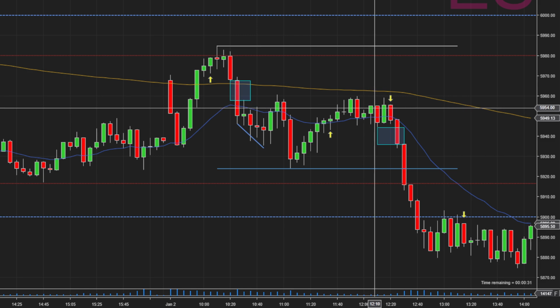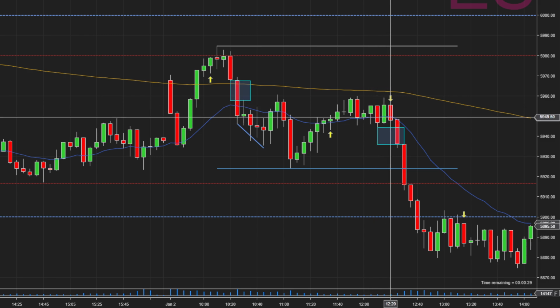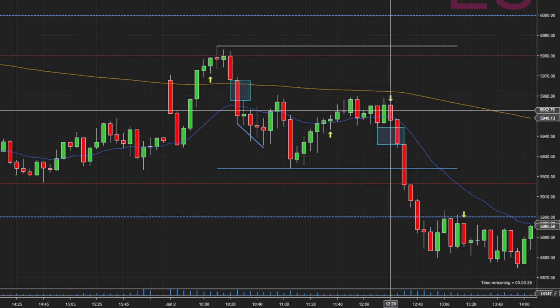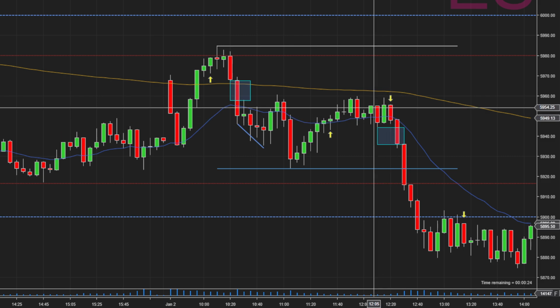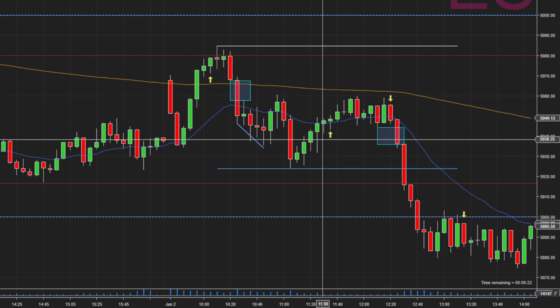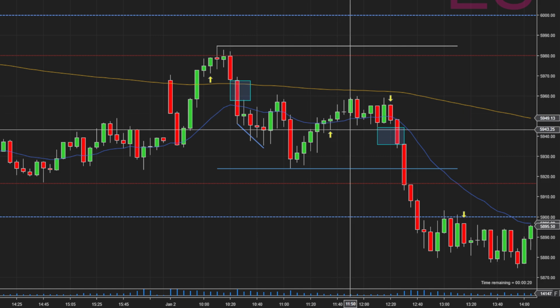This bull bar here was sold. Bull bar was sold. So we know after this bar, these last 5 bars are different from what the market had been doing. So there's the little signs of what the market's doing, and kind of gives you some predictive power.